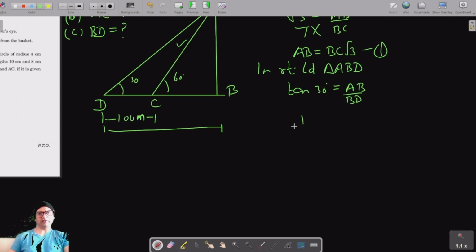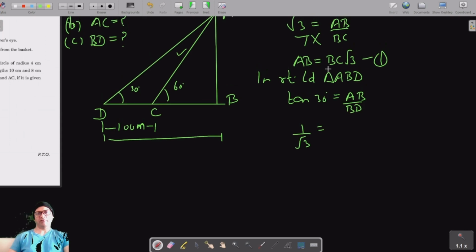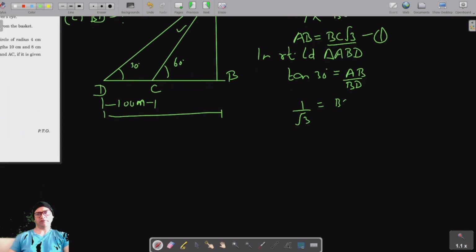Now tan 30 is 1 by root 3, and AB from the first equation is BC root 3, and BD can be split up into DC plus BC. DC is 100, so 1 by root 3 is equal to BC root 3 by 100 plus BC.